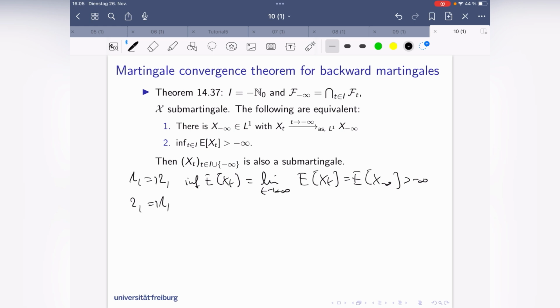First of all, the almost sure convergence. That works as in the other result for the forwards martingales. But I have to exchange conditions here. The supremum over the expectation of xt minus must be finite.